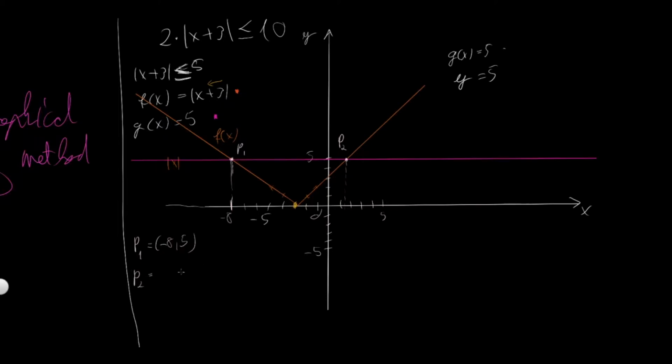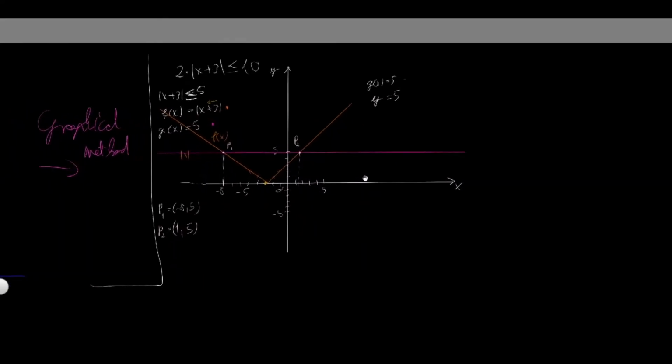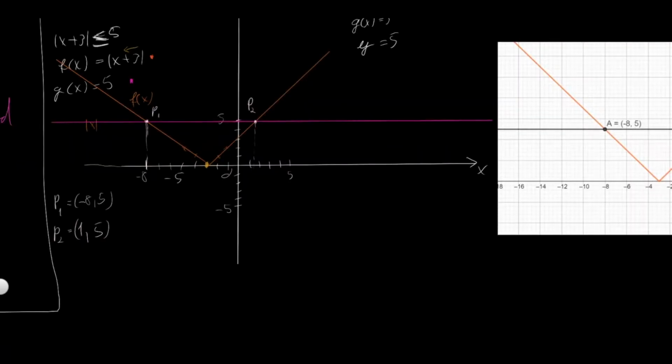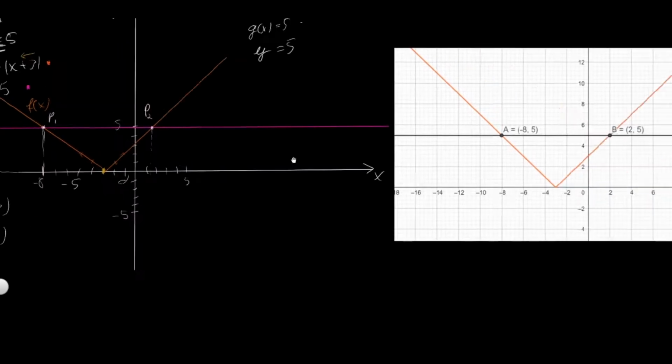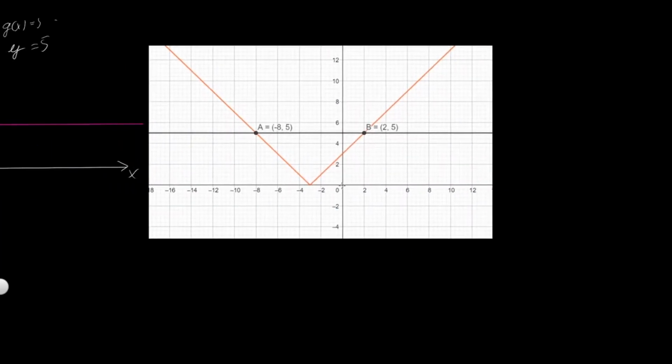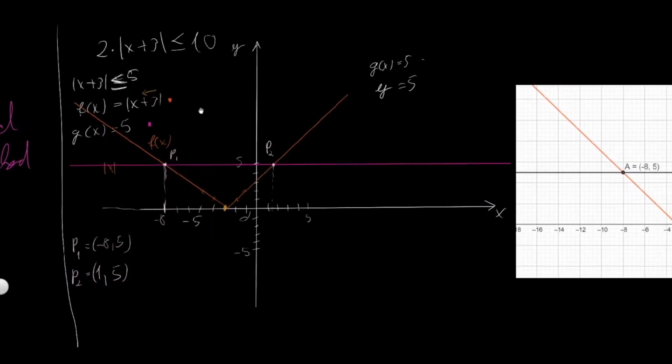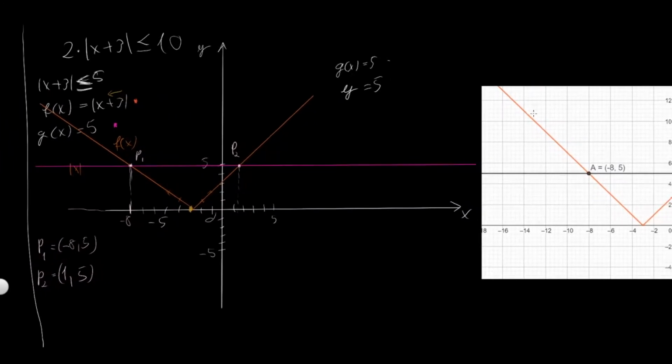So I can write that it is 5 here. And the x value here, well, it must be 1, I think. So let me just do this quickly in the program. Okay, so I finally managed to do that. Here it is. So you can see that the absolute value function is here, which was named f of x.